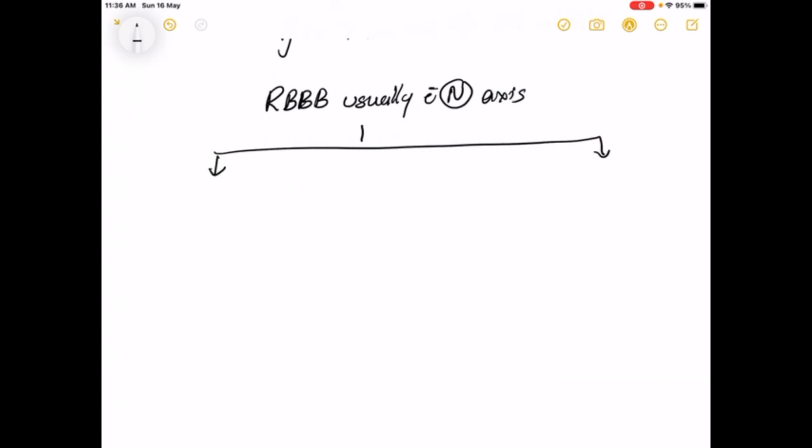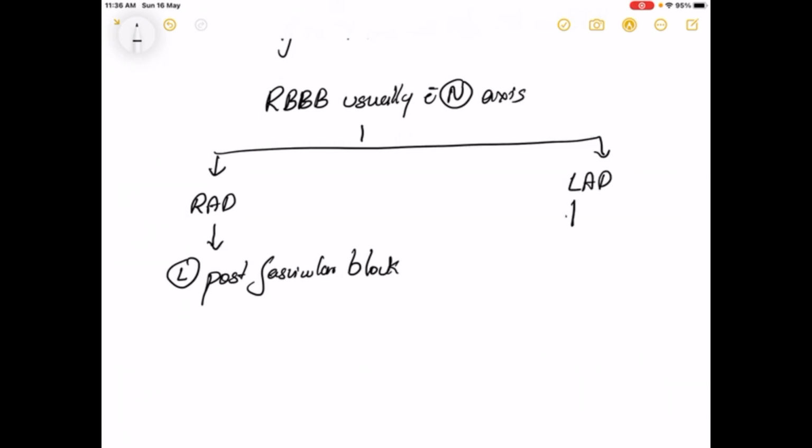If right bundle branch block is associated with right axis deviation, then it is left posterior fascicular block. And if right bundle branch block is associated with left axis deviation, then it is left anterior fascicular block.